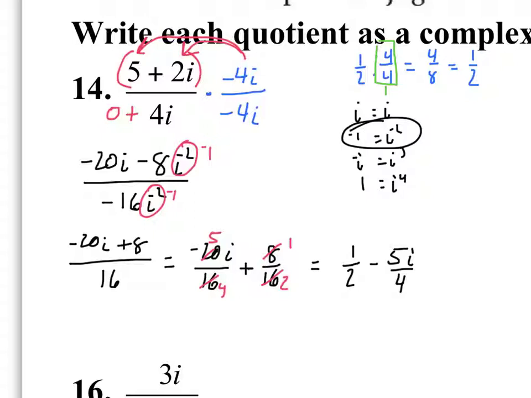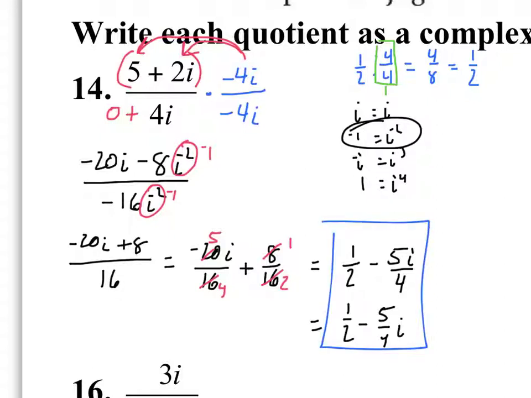And if you really want to get fancy, you can write it like this: 1/2 minus 5/4 i. And that's the answer, written two different ways. 1/2 minus 5/4 i. That's a complex number. That is our solution to that original division problem.